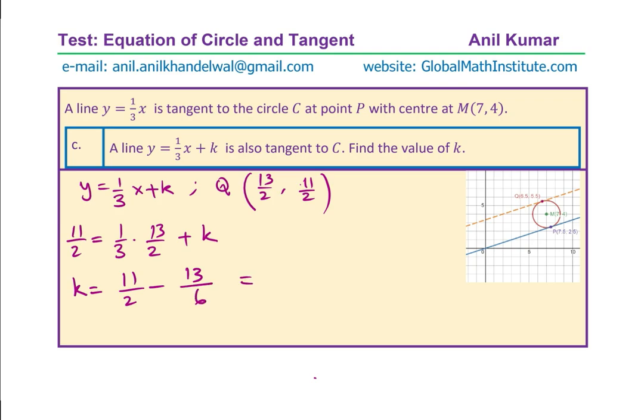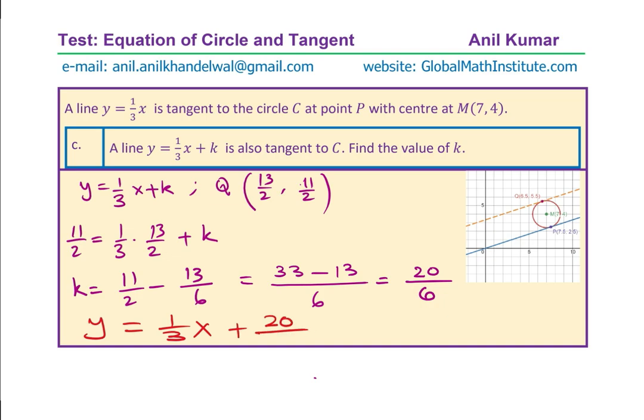So this is equal to what? 6 being the common denominator, 33 minus 13, which is 20 over 6. And therefore, we get our answer, which is y equals 1 over 3x plus 20 over 6 as the other equation, which is tangent to the given circle.